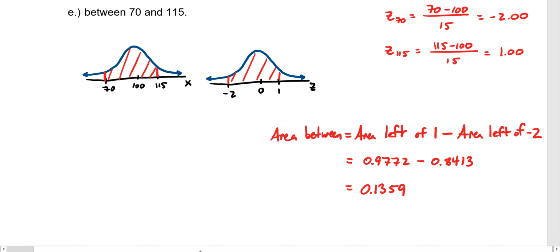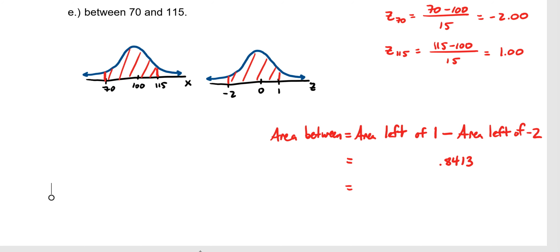Oops, I actually just looked at the wrong answer key. It's going to be 0.8413 was the area to the left of 1, and then the area to the left of -2 was 0.0228. There we go, that makes more sense.